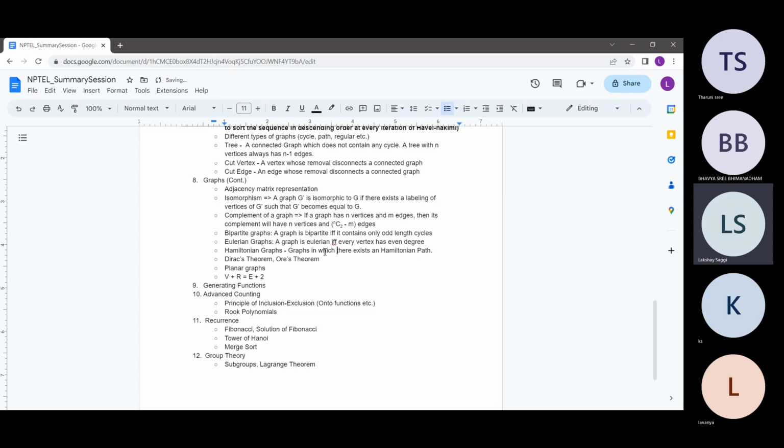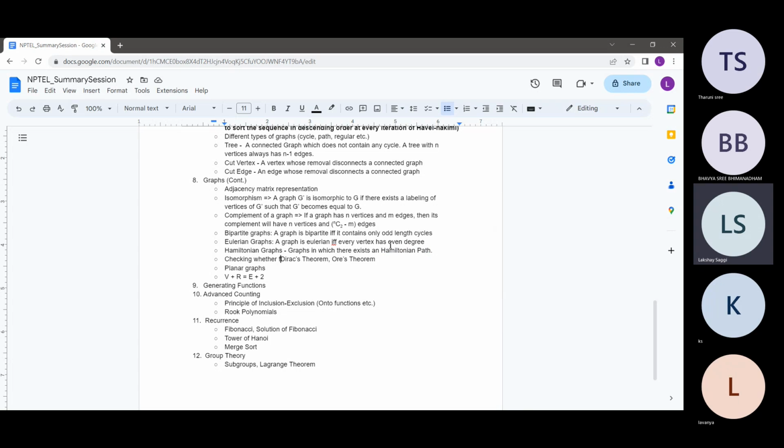So a Hamiltonian graph is a graph in which there exists a Hamiltonian path, right? So this was basically the definition of Hamiltonian graphs. You can look up the Hamiltonian path definition if you don't know it. I'm not writing it down.